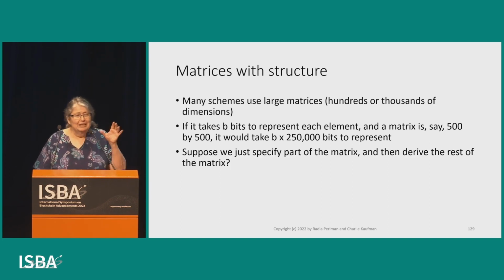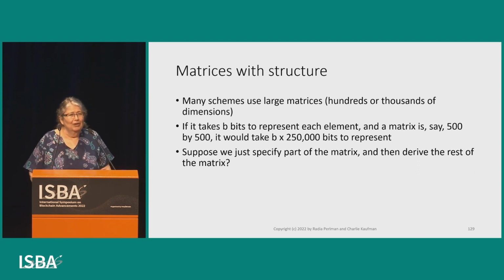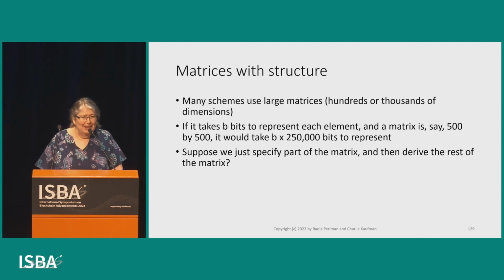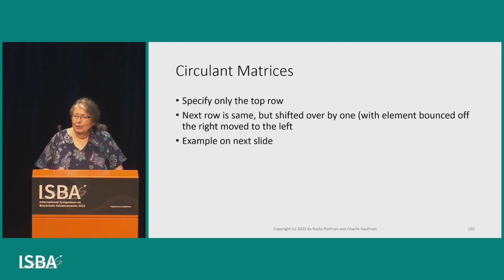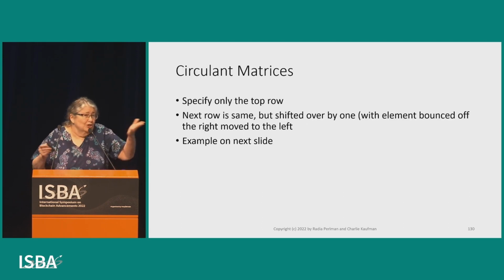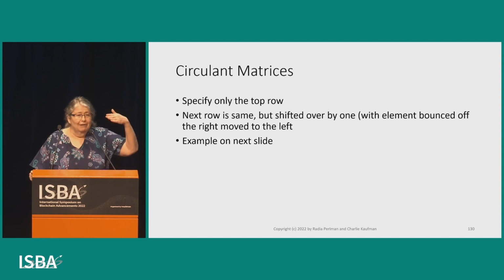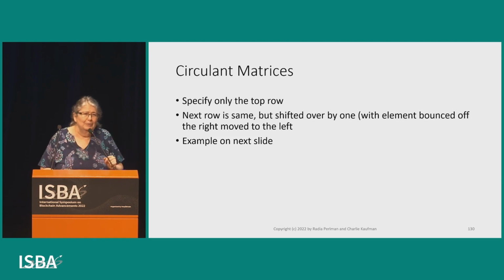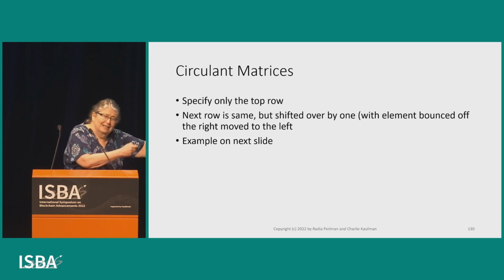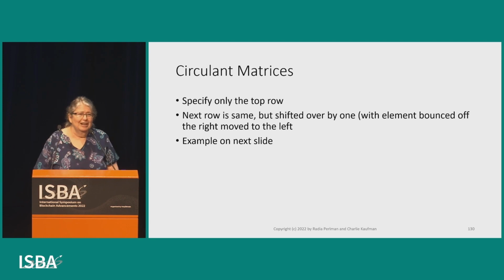where you can specify just the top line of the matrix, and then you can derive the whole rest of the matrix from that. There's a kind of matrix known as a circulant matrix, where all you have to do is specify the top row. The second row is the same as the top row, but everything is shifted over by 1, and whichever element gets kicked off comes in on the other side.